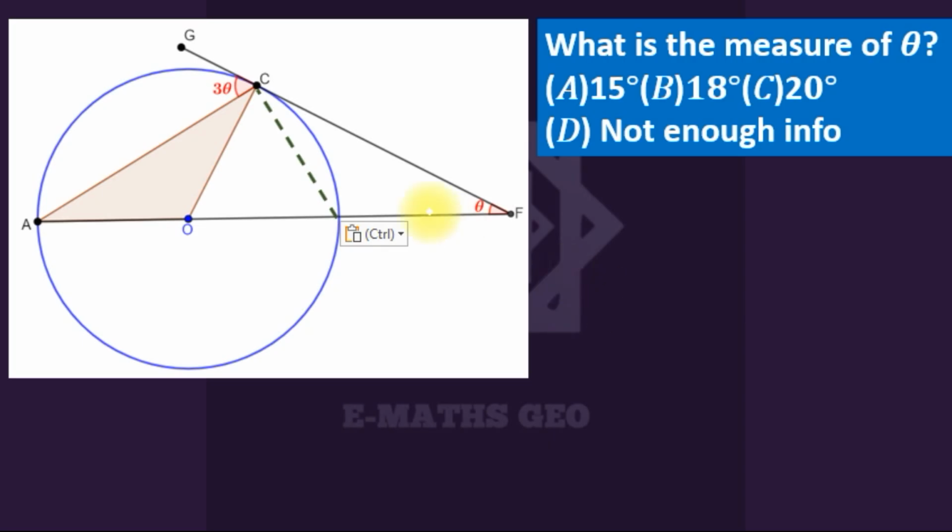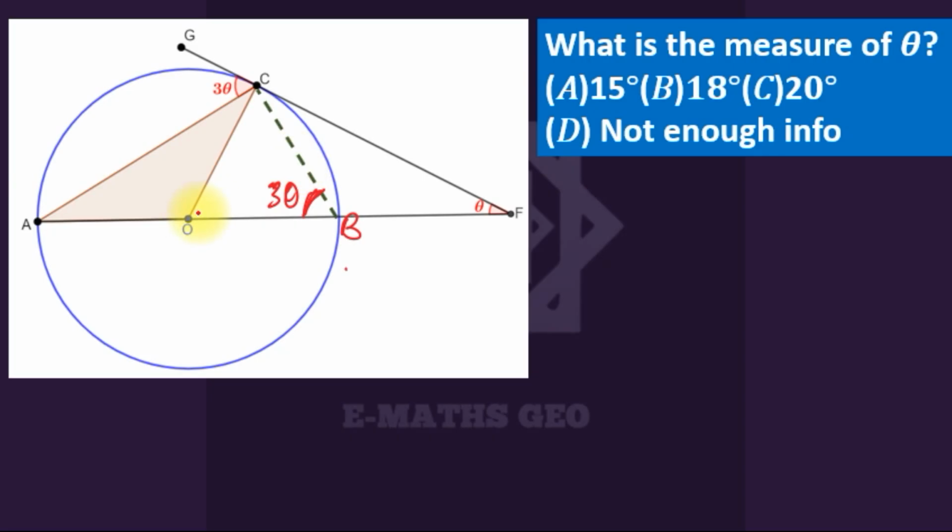So I've added an auxiliary line. Let me call it B, from C to B. So we have a complete triangle now, an inscribed triangle. You see that this is 3 theta. Based on the alternate segment theorem, this is 3 theta, this is also 3 theta. And as you can see, this is the center of the circle.